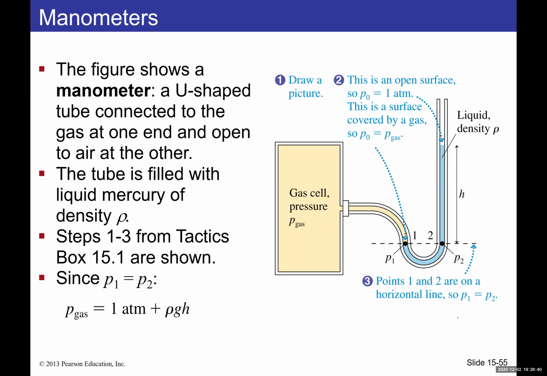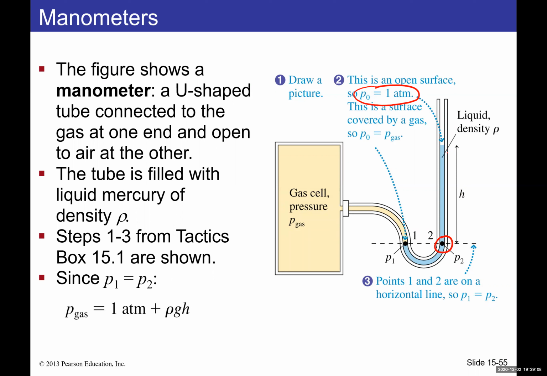You can see it's a U-shaped tube connected to the gas at one end and open to the air at the other end. The tube is filled with liquid mercury of density rho. You can measure the pressure at point 2 by assuming that at the top there's atmospheric pressure.